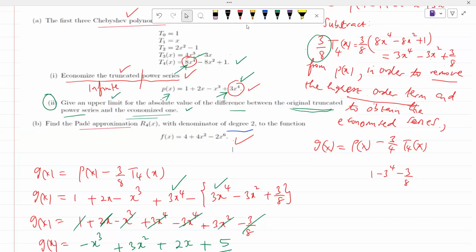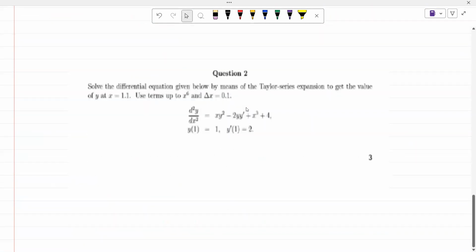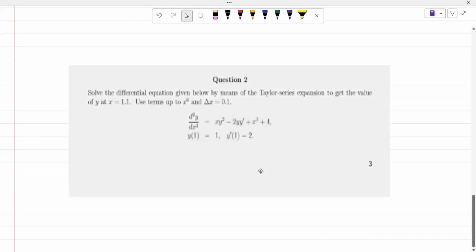Let's discuss the Pade approximation. What is the Pade approximation? Obviously now we are speaking about the denominator of degree 2. So we look at B.